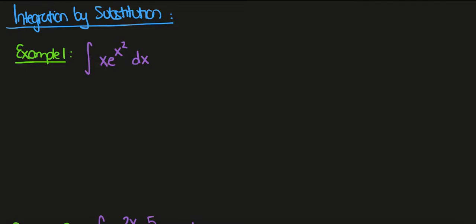We want to integrate x times e to the x squared. To make things much simpler, we'll let u equal x squared, and then we notice that du on dx is equal to 2x.